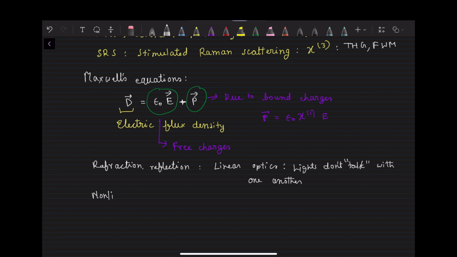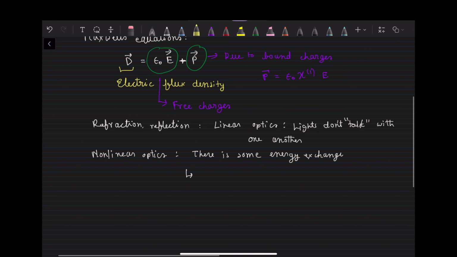And in nonlinear optics, there is some energy exchange, and that is through polarization. And how so, we will understand.